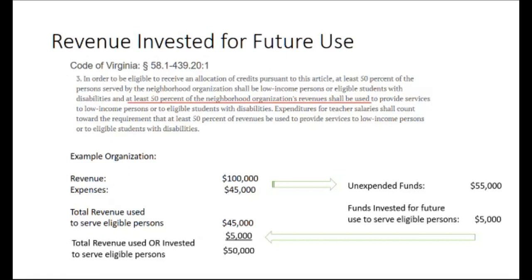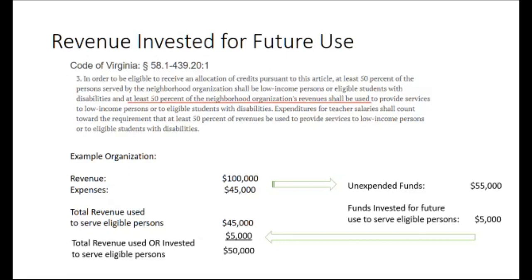And I know this is really, you can get in a cycle where it's very confusing. So the key to this is to remember that if you have to do this, you want to set aside the smallest amount possible to get to 50%, because next year it's going to be taken out. So in this example, if you had set aside the whole 55,000, then you would say 100% of revenue is used this year to provide services.